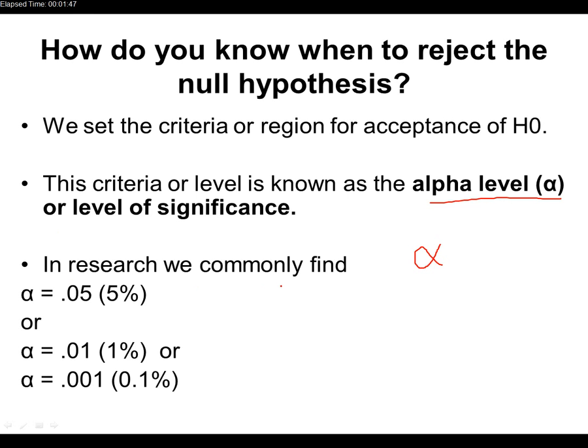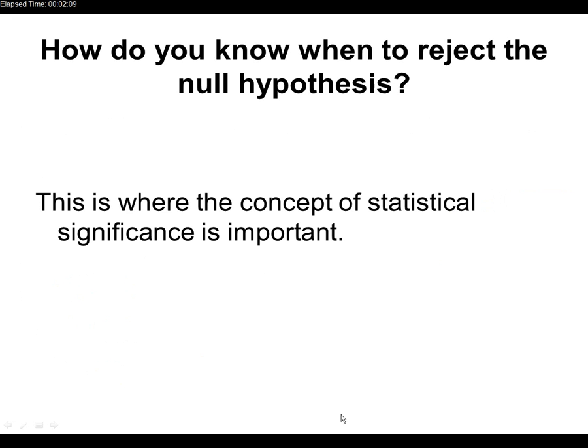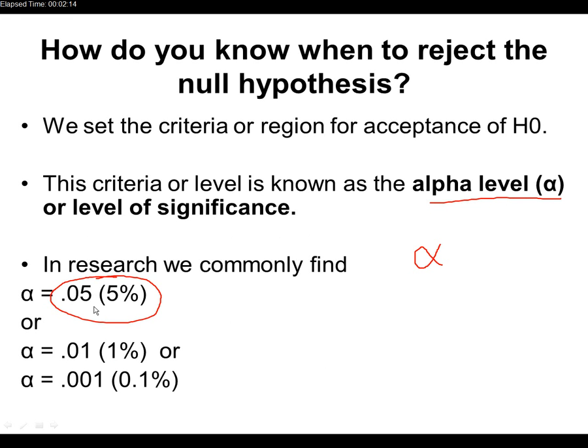So in research, we commonly find that we use a 5% chance or 0.05 or 5% level of significance. We want our alpha to be at 5%, or even better if it's at 1%. What does that mean? That means that we have here a 5% chance of being wrong and a 95% chance of being right.